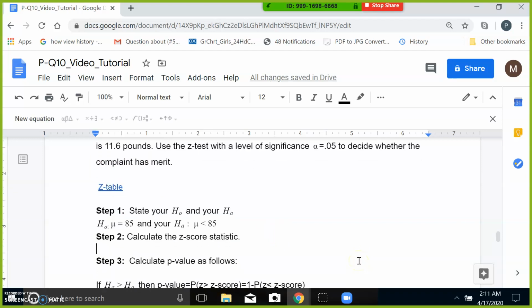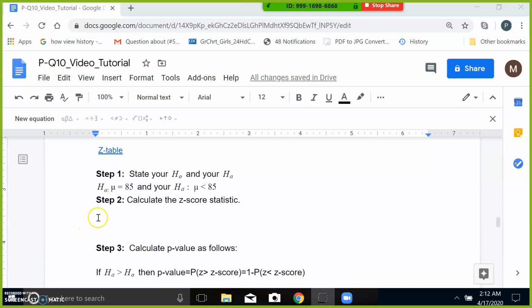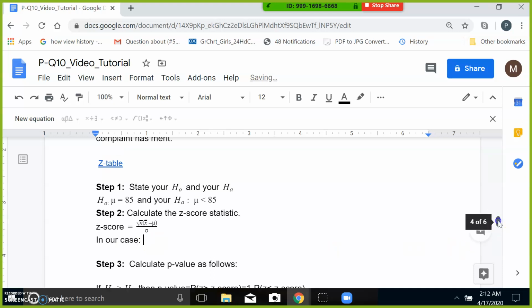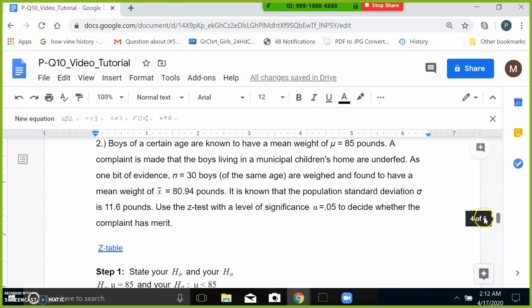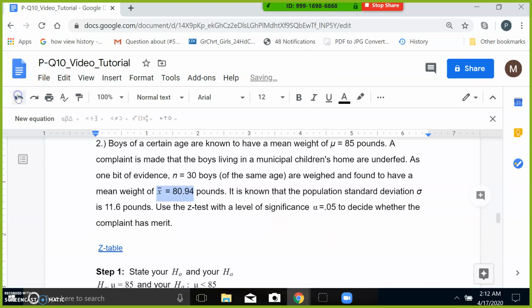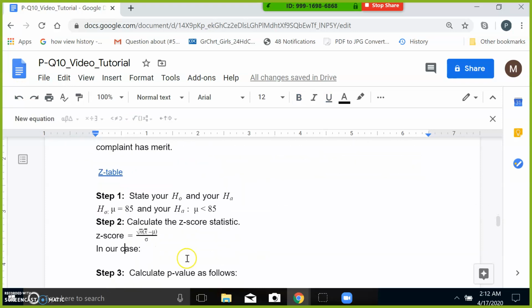Let's move on to step 2, calculate the z statistic. So let's do that. Okay, so the z-score is given by this. So in our case, we're given x bar is 80.94. So that's 80.94.